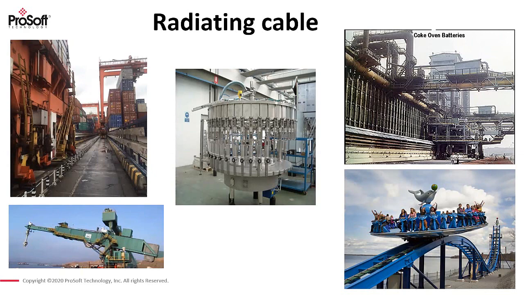The coke ovens run cable along the wall, and that charge car moves up and down. We've got a roller coaster ride. We've done multiple of these with the cable, and we've done ship loaders as well. Not this particular ship loader, but we've done a number of them in Australia, and also with safety over Wi-Fi.